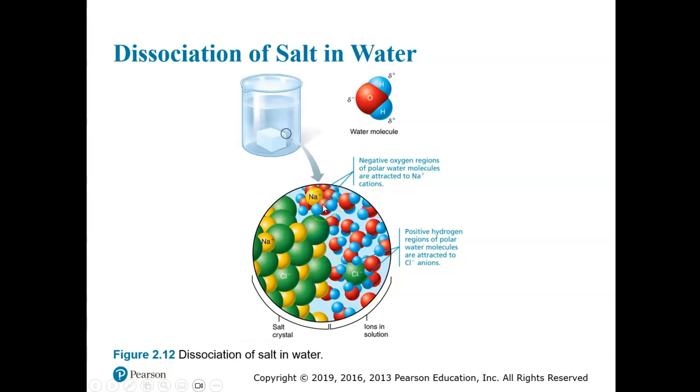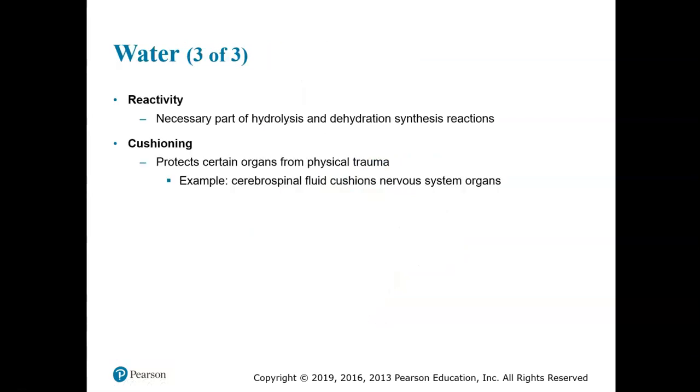The hydrogen end of the water molecule, because it's slightly positive, will face the negative chloride ions and form a sphere around it. And then the oxygen end will face the sodium ions and form a sphere. So it will isolate those sodium and chloride ions from one another.